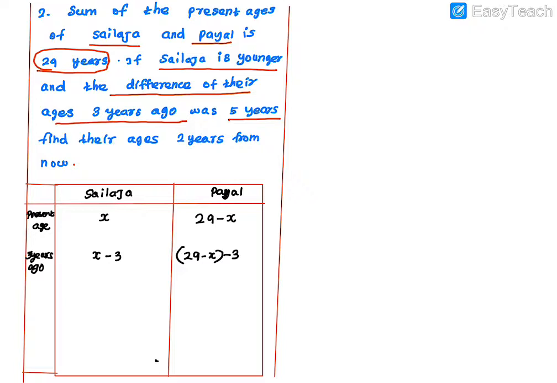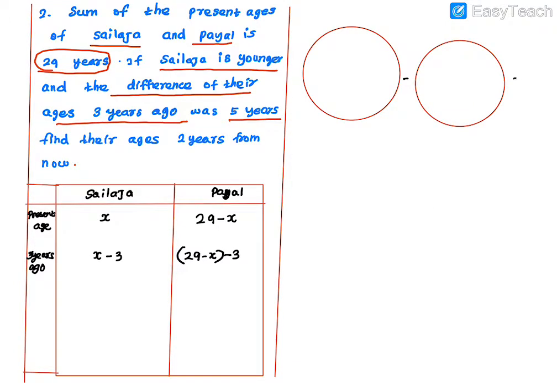First you have to write what the ages were 3 years ago. Here I will draw this one, with a minus, which is equal to this one.